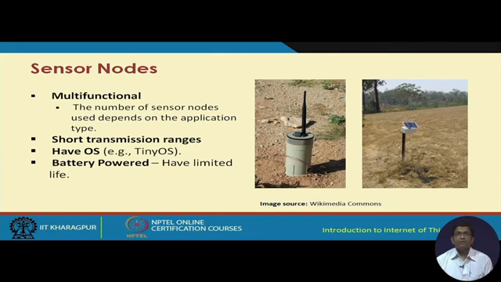The number of sensor nodes that are used depends on the application type. These sensor nodes have a short communication range, may be powered by Zigbee, and Zigbee has a very short communication range. This means that the information sensed by a particular node can be sent only up to a couple of meters or tens of meters, and finally it has to be sent to the sink node.